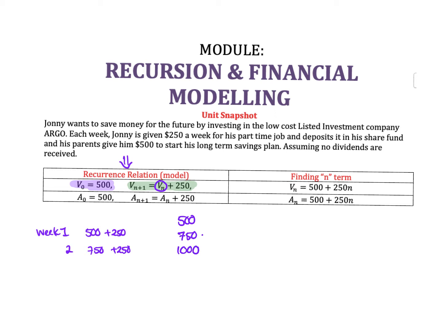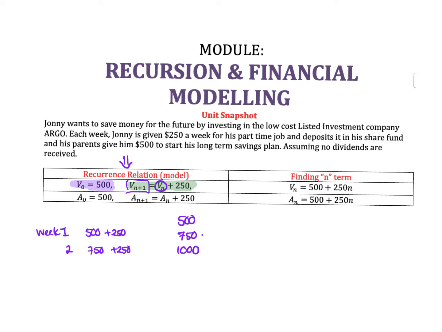So this is a recursion relationship. This n plus 1 is just a way of saying how you get the next term. You use this formula. The n plus 1 is not a mathematical operation. It's just a label.